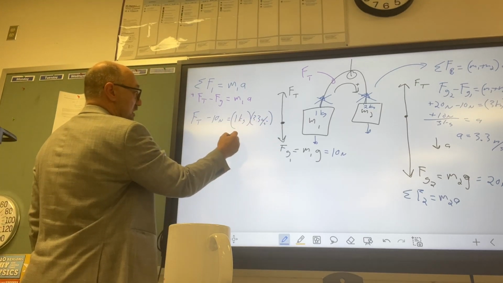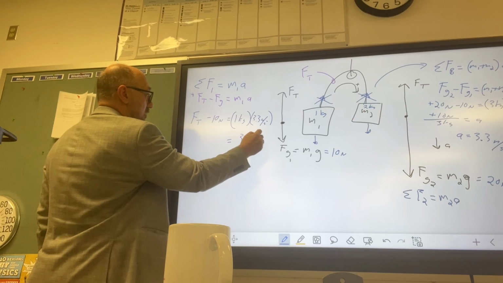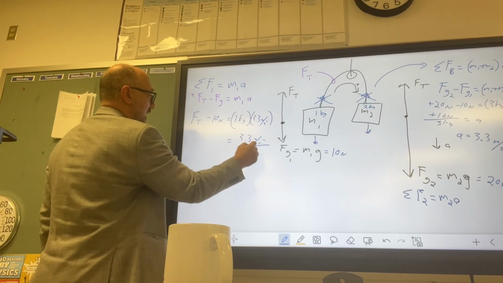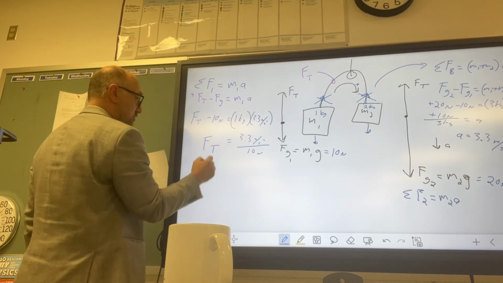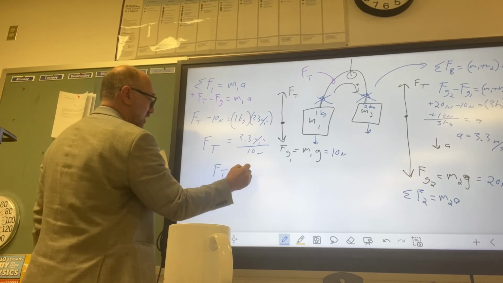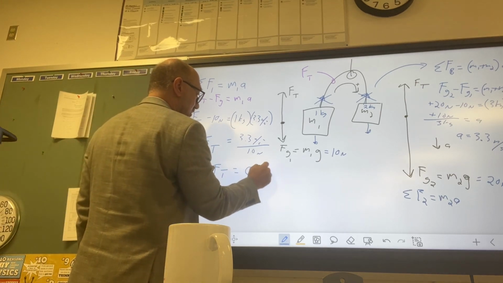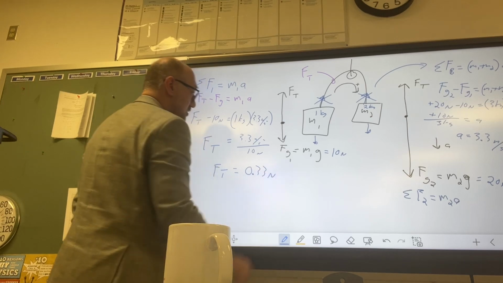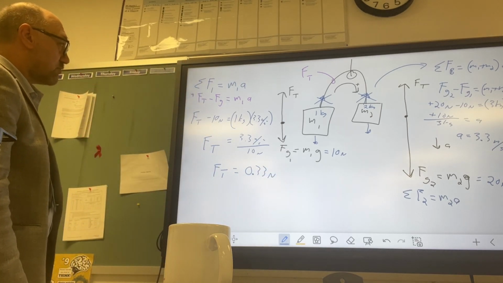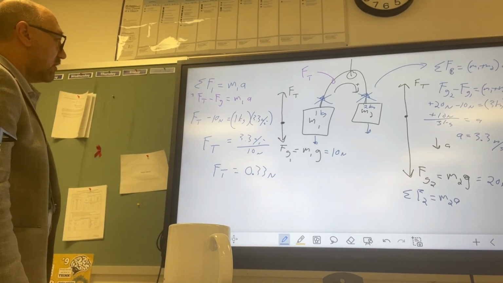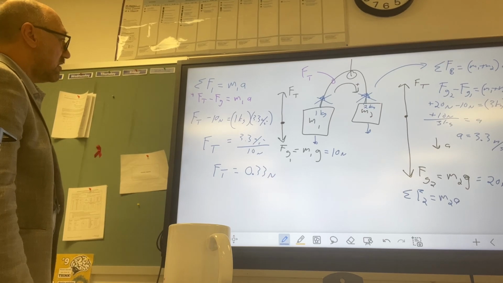So what do I get? So this is going to be 3.3 meters per second squared divided by 10 newtons. So that's the force of tension. So force of tension is going to be 0.33 newtons. That's wrong. That can't be right. What's my mistake here?